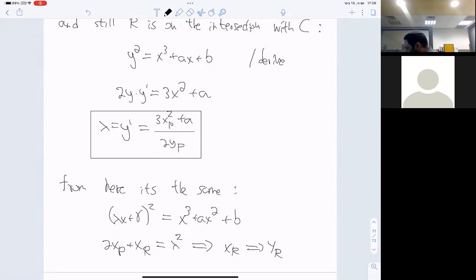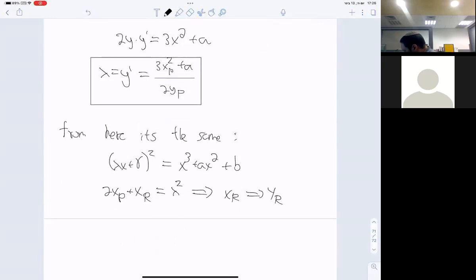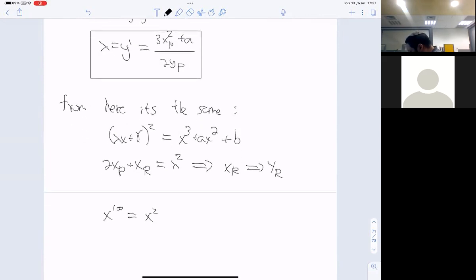If we want to compute, for example, x to the 100, then we don't do that 100 times. We find what is x squared, and once we find x squared, it's all modulo, of course, then we square it.